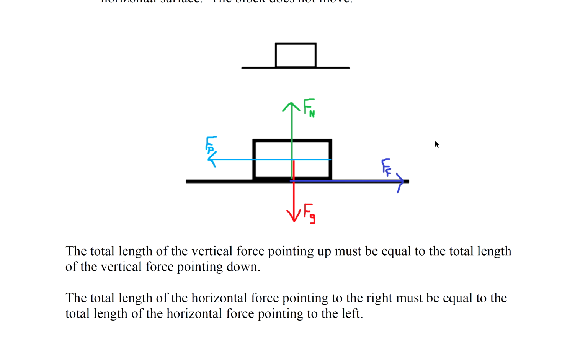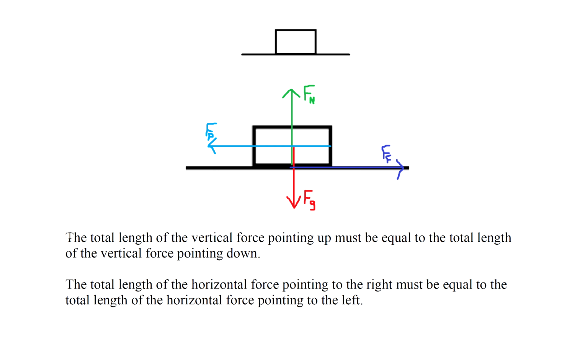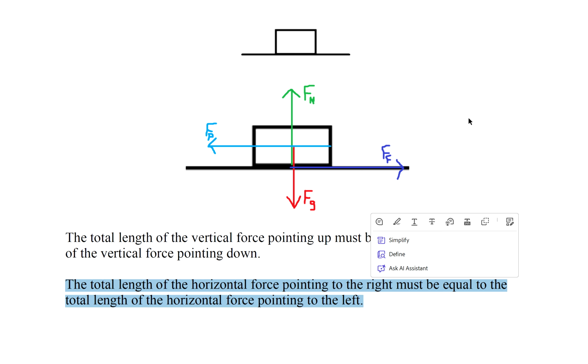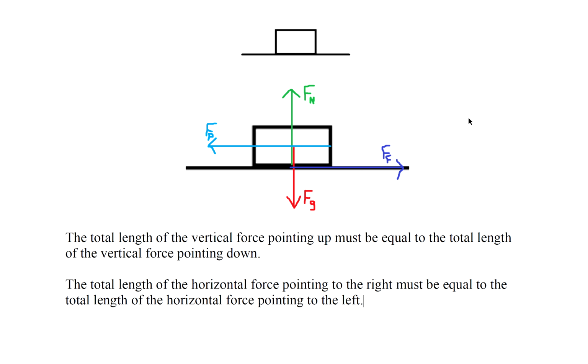The total length of the vertical force pointing up must be equal to the total length of the vertical force pointing down. And the total length of the horizontal force pointing to the right must be equal to the total length of the horizontal force pointing to the left. Acceleration is 0, so sigma F is 0. Remember, we're always referring to sigma F equals ma.